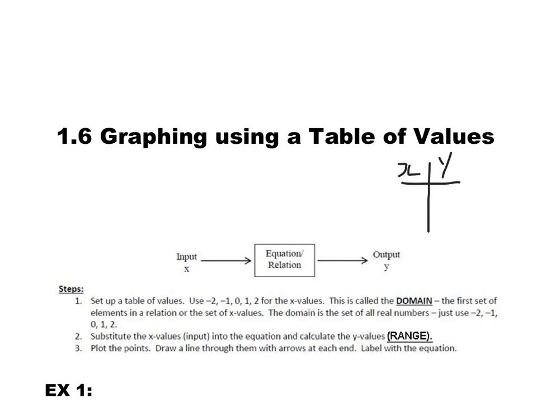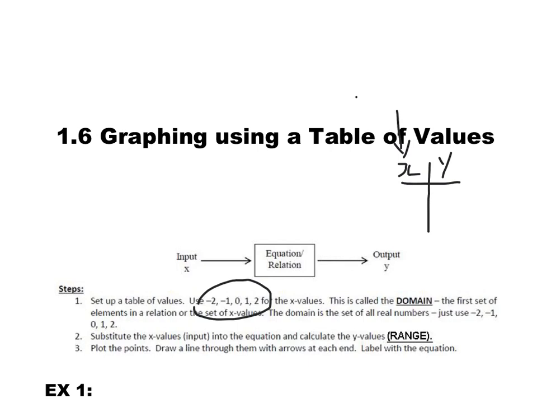We are going to assign different values for X, evaluate the relationship, and find the values for Y. The values that we assign for X can be any values. For instance, we are going to assign values like -2, -1, 0, 1, 2, and then use the equation or relation to find the corresponding value for Y.